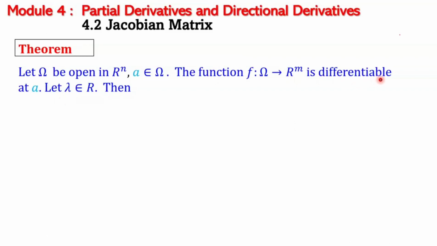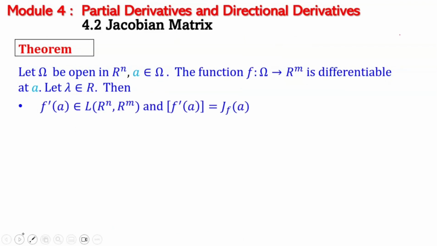The function is differentiable at the point A. So now let lambda belong to R. Then we have f dash A, the derivative of this function, since it is differentiable, will be linear from Rn to Rm, and the matrix of f dash A is equal to the Jacobian of the function at A. So the derivative, if you convert it to matrix form, will be the same as the Jacobian of the function f.